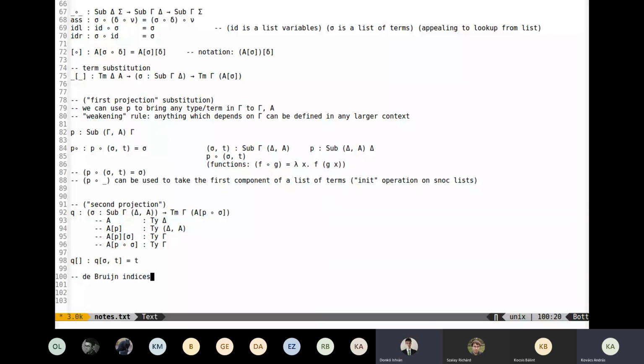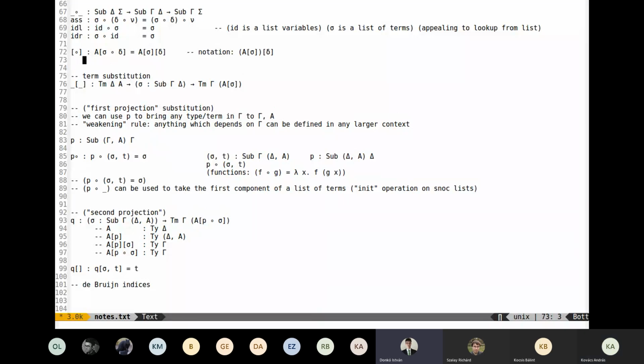Sorry, before we start that, I tried figuring line 72 out, but I still haven't managed to. I'm still stuck at the point where I think that the composition is swapped. Can we write out the types of A, sigma, and gamma? Okay. Delta, sorry.